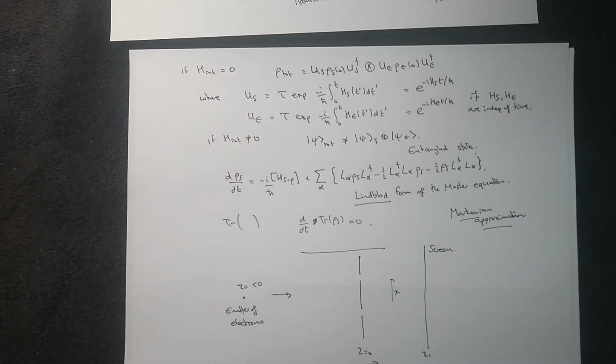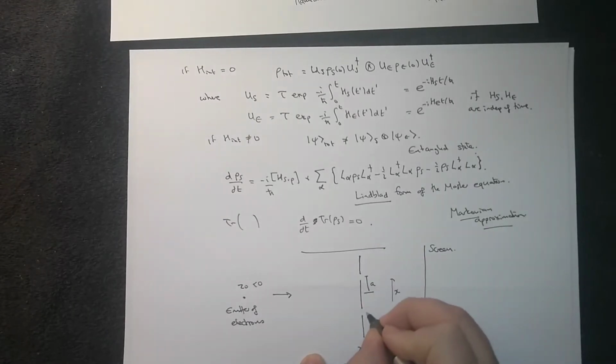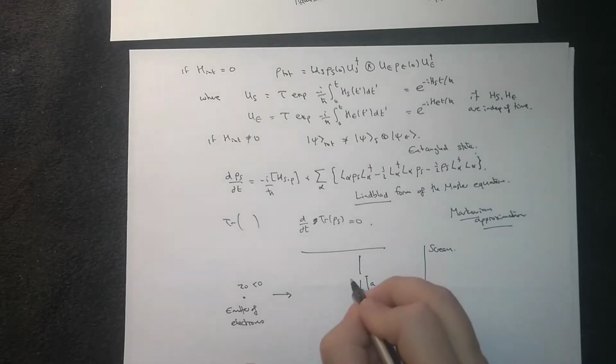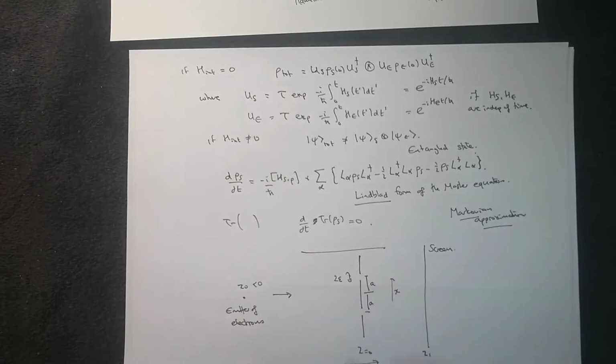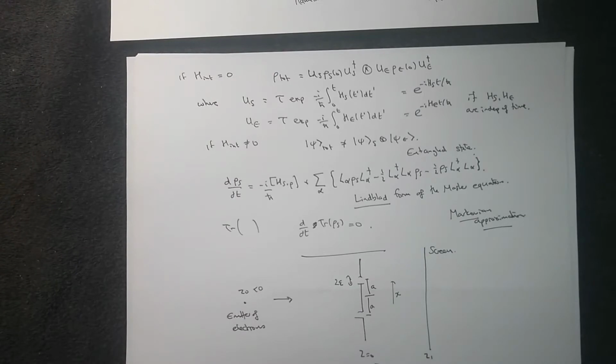We will consider two situations. One in which there is a detector which detects whether the electron has passed through the upper slit. So we'll call this distance A. That's also A. 2 epsilon will be the width of the slits. We need to understand the detector.